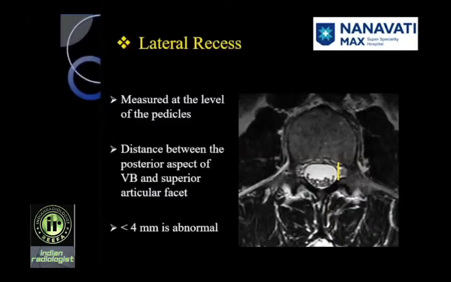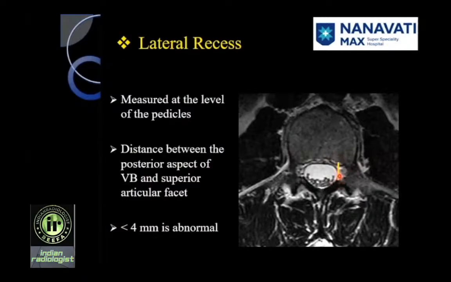A little bit about lateral recess, where we talk about lateral recess stenosis quite often. So this is the distance between the posterior aspect of the said vertebral body, so it's L4 here, and superior articular facet of L5.